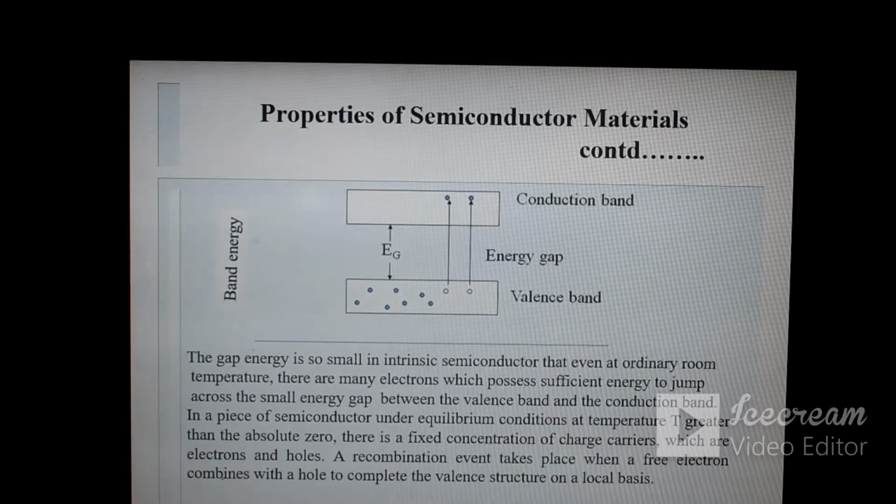In a piece of semiconductor, under equilibrium conditions at temperature T greater than absolute zero, there is a fixed concentration of charge carriers, which are electrons and holes. A recombination event takes place when a free electron combines with a hole to complete the valence structure on a local basis.